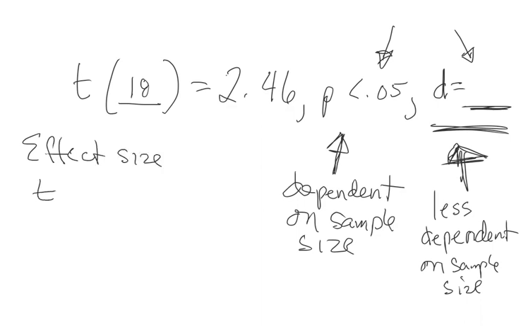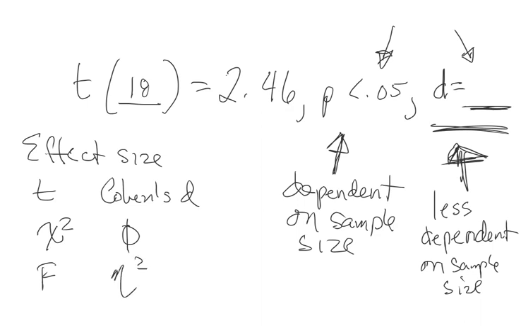For t, you use Cohen's d. For chi-squared, you use a phi coefficient. For ANOVA, which is abbreviated with an F, you use either eta squared or omega squared.